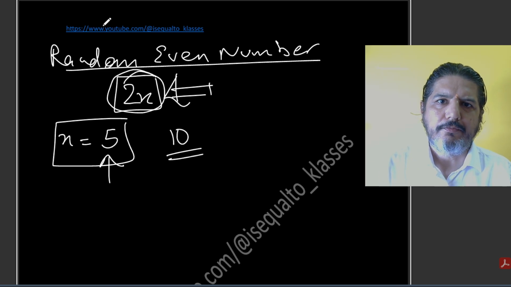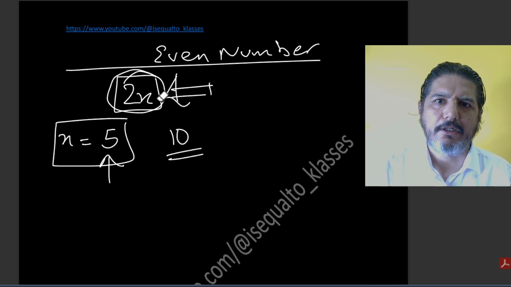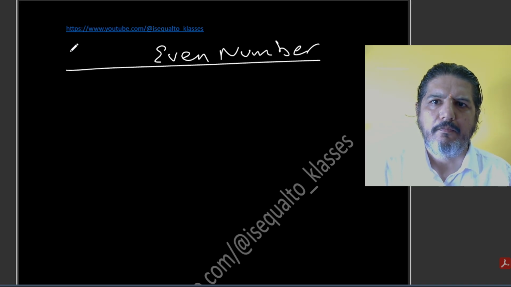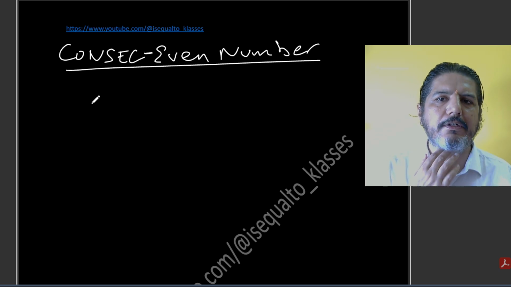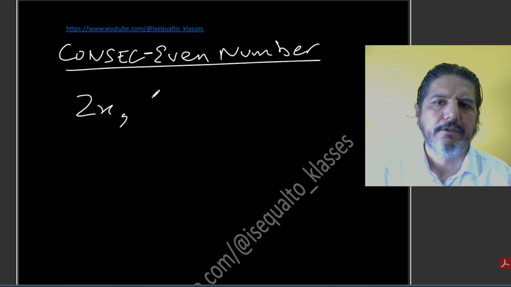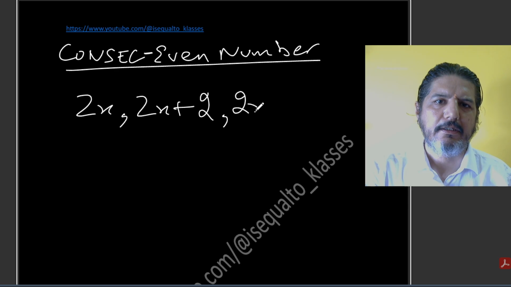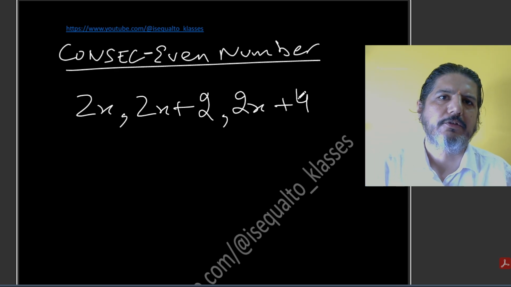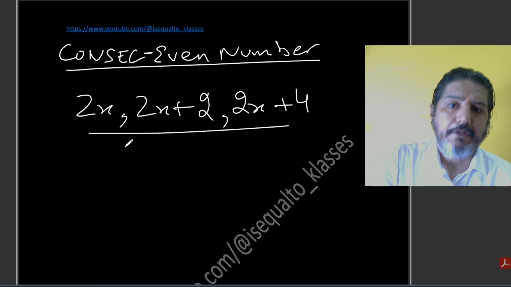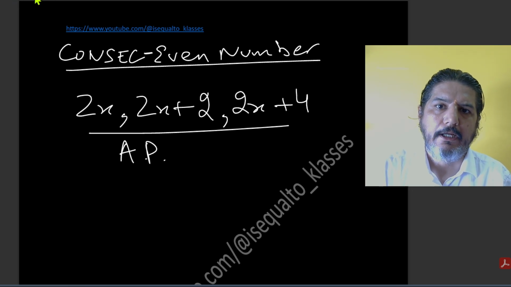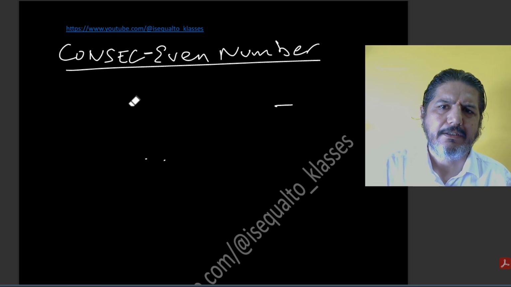Now let's understand what we do when there are consecutive even numbers. If the first number is 2x, then the consecutive number would be 2x plus 2. Another number, if you want to have, will be 2x plus 4. This is very useful when you are trying to solve arithmetic progression questions also. This is not required here, but still I'll explain it to you.